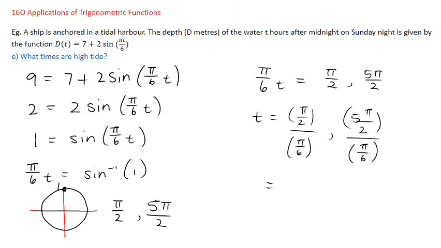How do we simplify? We'll write it out first. 6 pi on 2 pi, and flip that one, we get 30 pi on 2 pi. The pi's cancel each other out. 6 divided by 2 is 3, and 15.